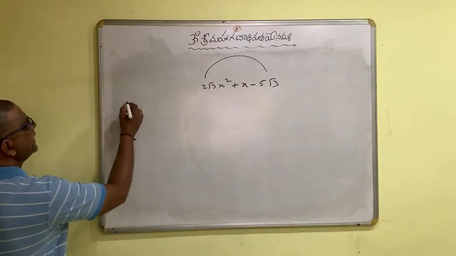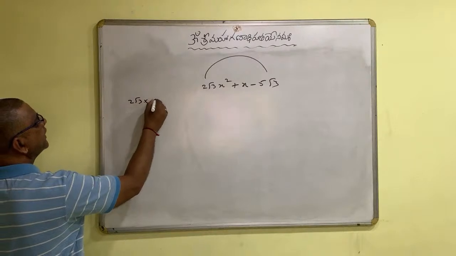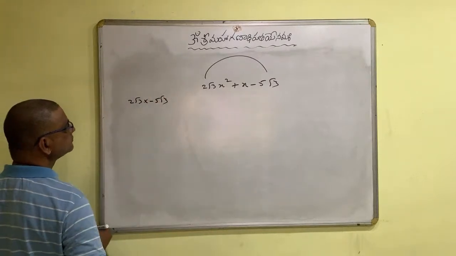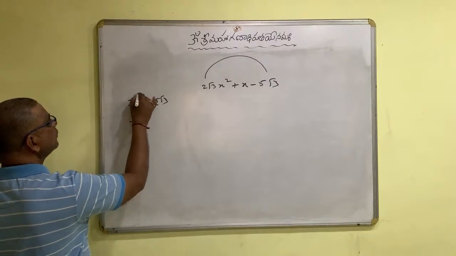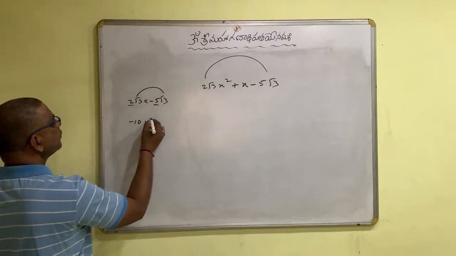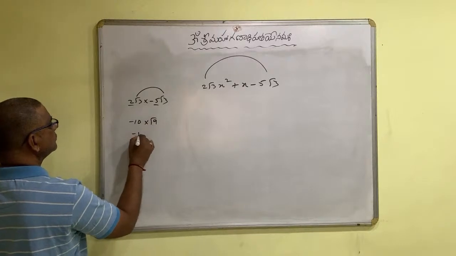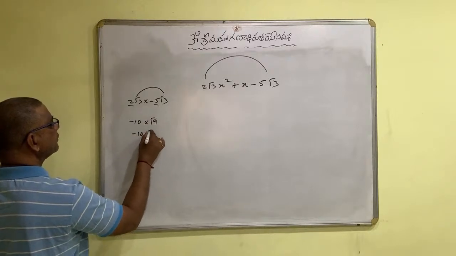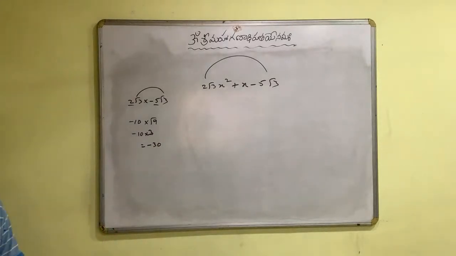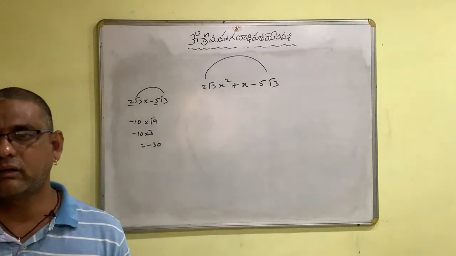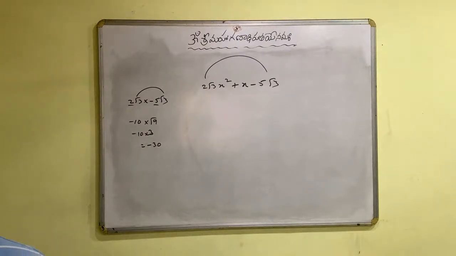So 2 root 3 into negative 5 root 3. 2 into negative 5 is negative 10. Root 3 into root 3 is root 9. So 10 into 3, root 9 is 3 only. Negative 30.